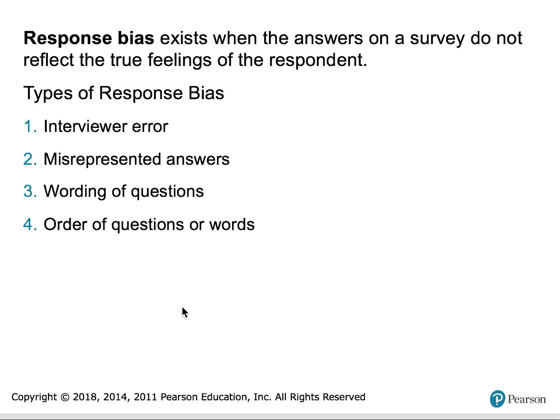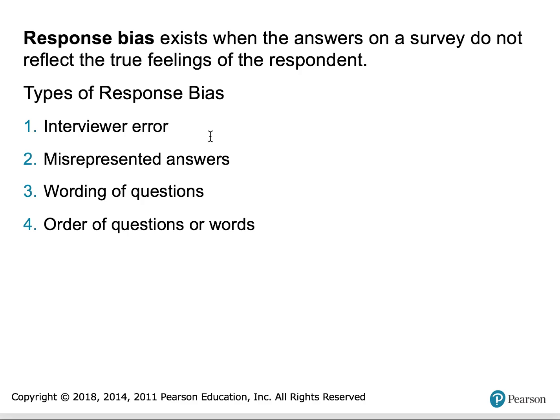And then we have response bias, which exists when the answers on a survey do not reflect the true feelings of the respondent. So here's some types of response bias. Interviewer error. A trained interviewer is essential to obtain accurate information from a survey.